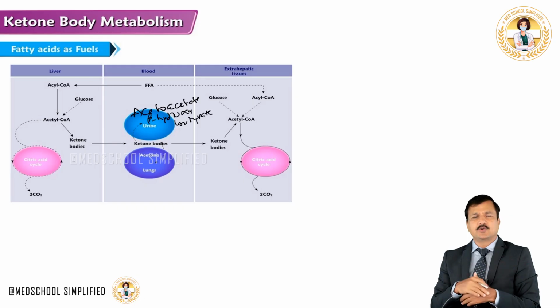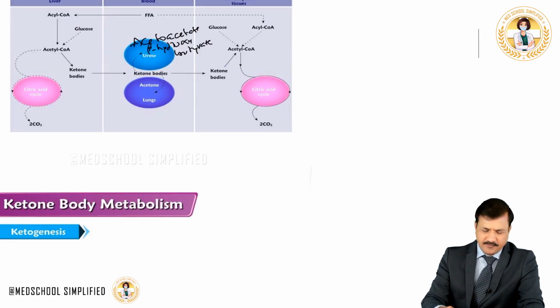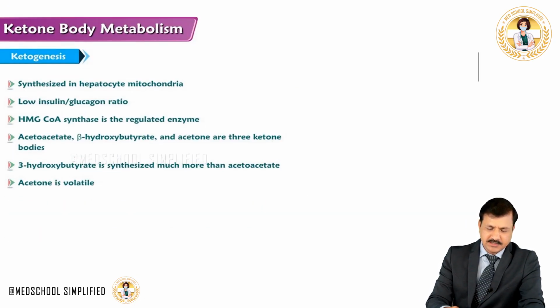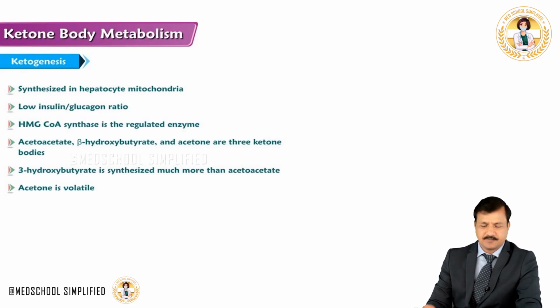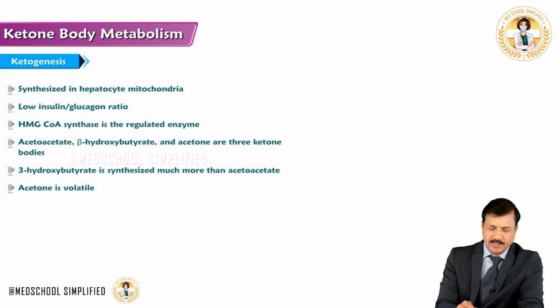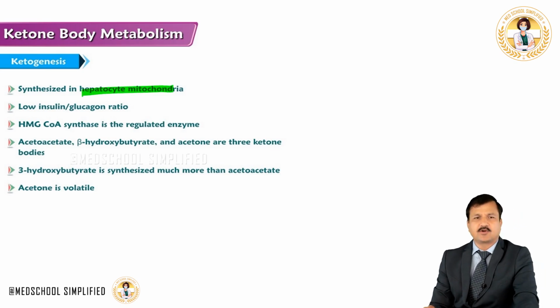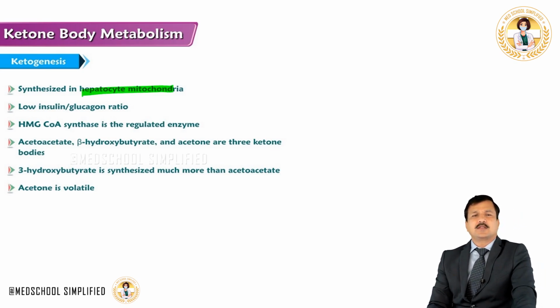Now let's get into synthesis of ketone bodies. The synthesis of ketone bodies is referred to as ketogenesis, and ketogenesis goes on in the hepatocyte mitochondria. The condition for ketogenesis should be low insulin and high glucagon levels.